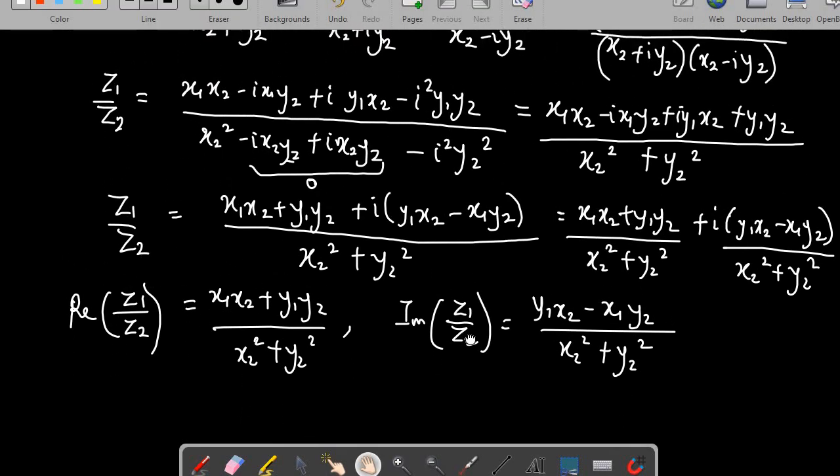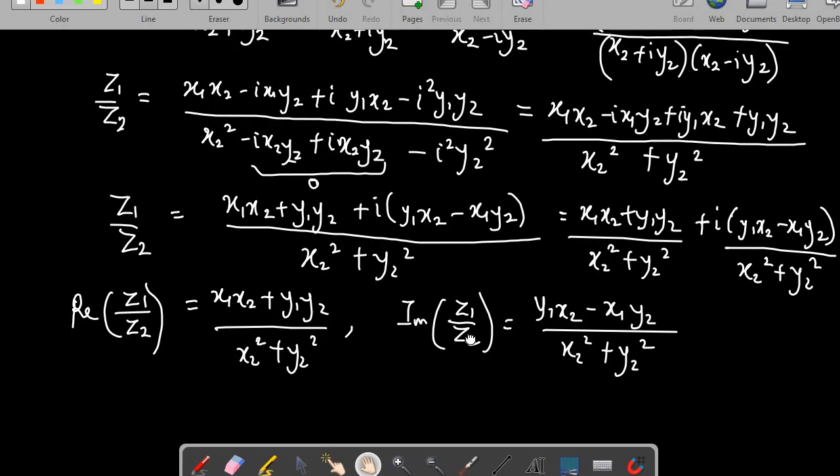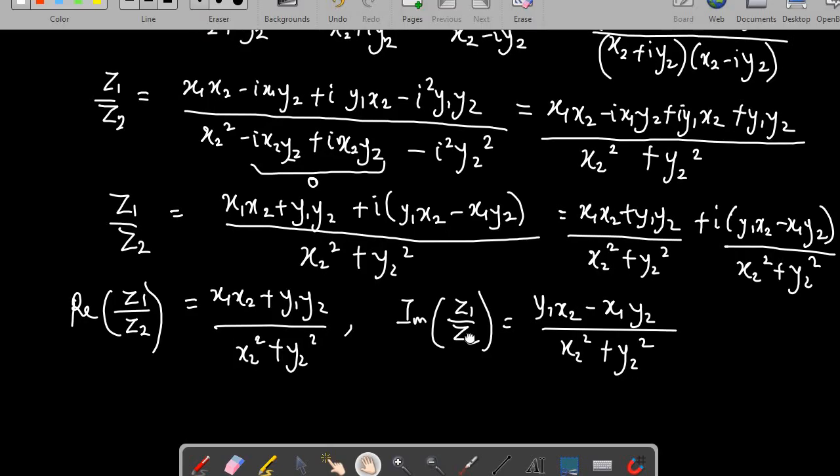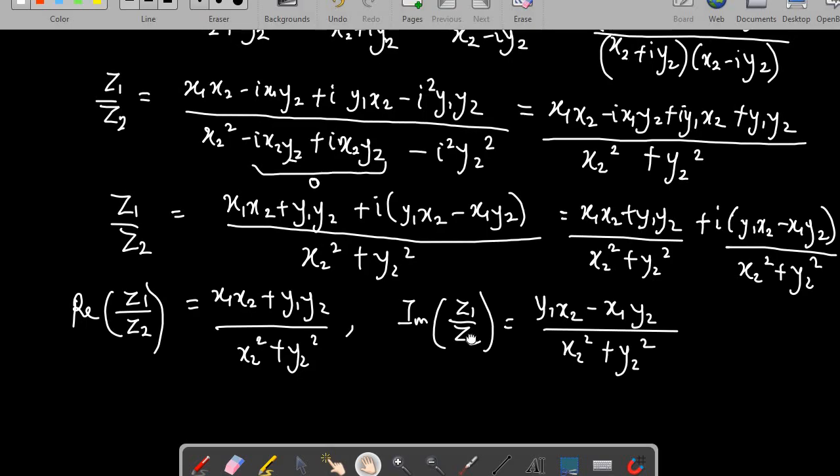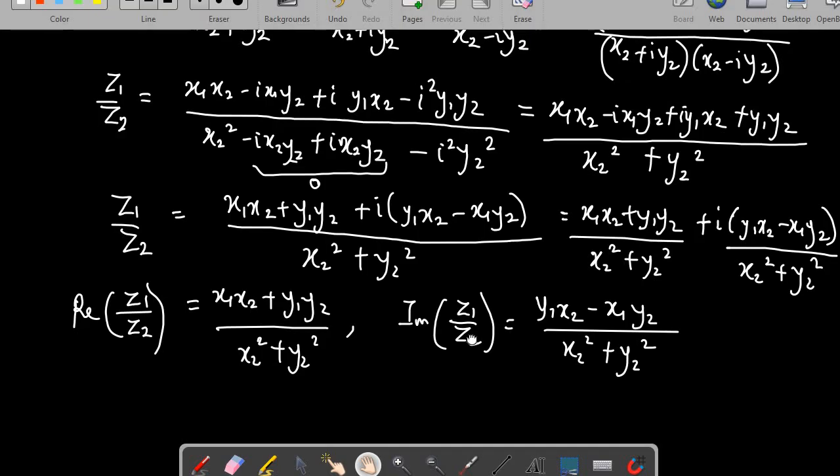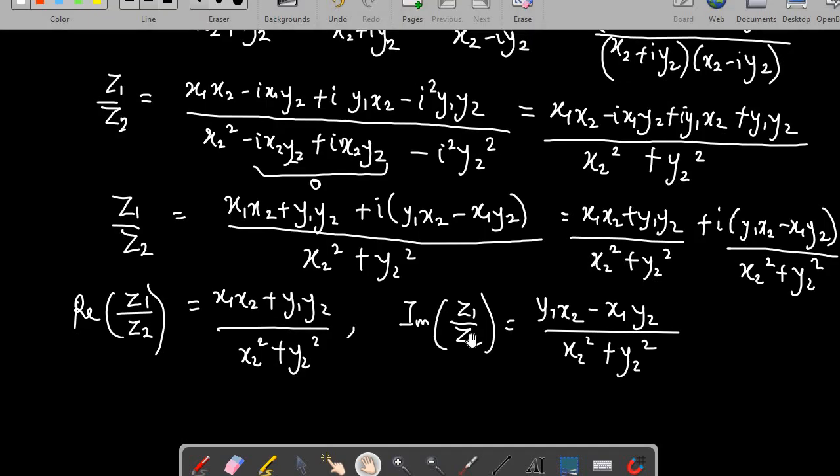All right, in the next video we'll look at how the complex number can be expressed. We'll look at different forms in which the complex number can be expressed to better understand how complex numbers can be solved and how they can be understood in their full-fledged domain.